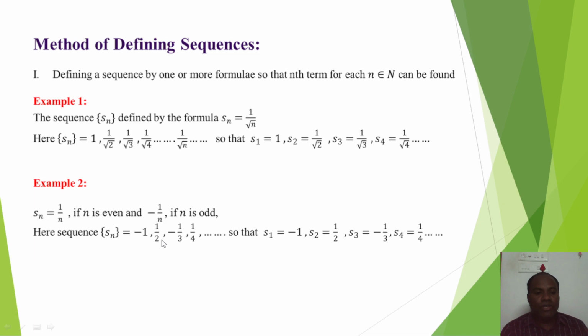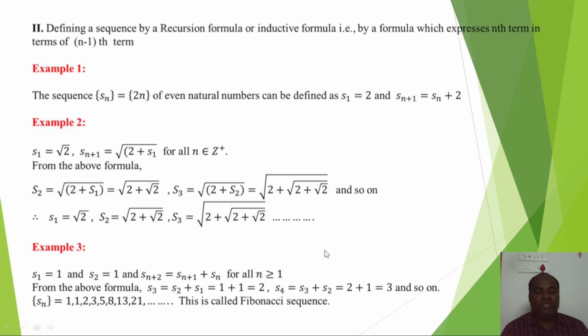If n is even, it is 1 by n, so 1 by 2. The sequence is minus 1, 1 by 2, minus 1 by 3, 1 by 4 and so on. Minus 1 is the first term, then the second term, third term, fourth term, that is S1, S2, S3, S4 and so on. This is one method of defining sequences.